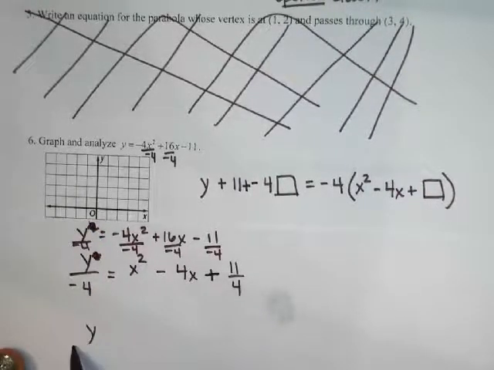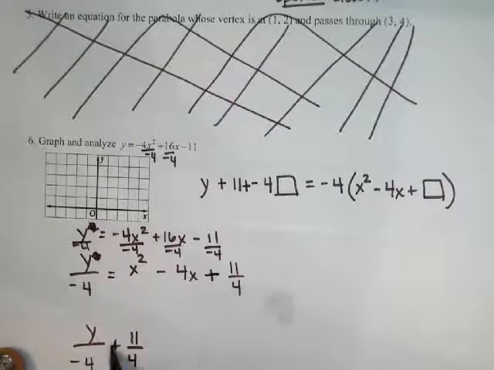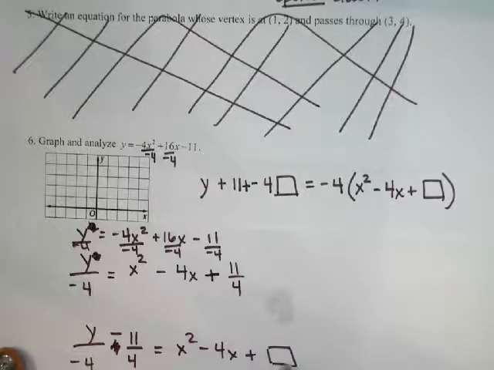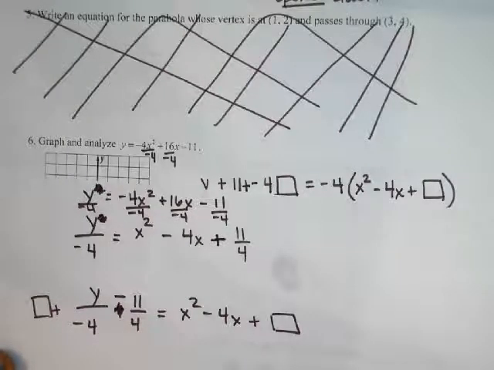So here's what I would have. I would have y divided by -4, and then I could move that over, minus 11 over 4, equals x squared minus 4x, my box. It gets a little gross, but you can still do it this way.